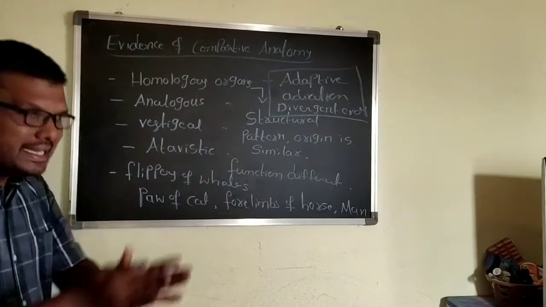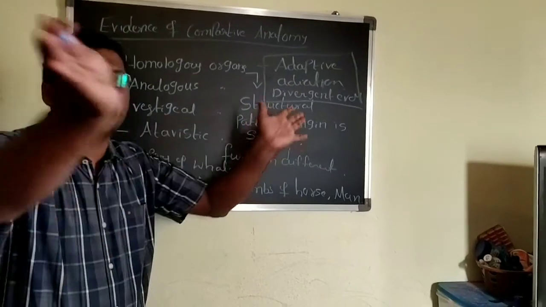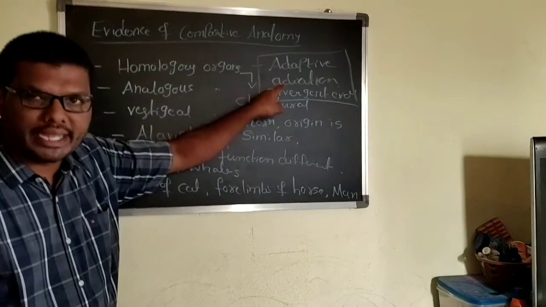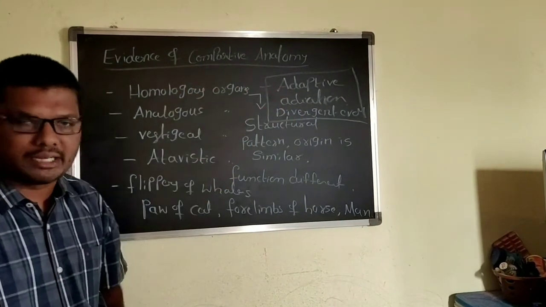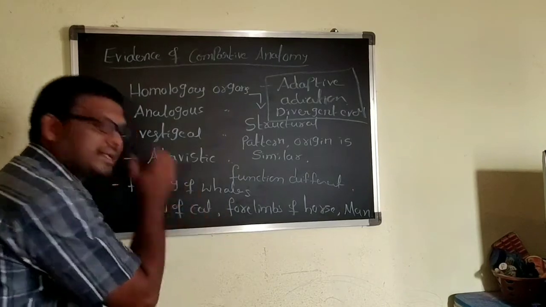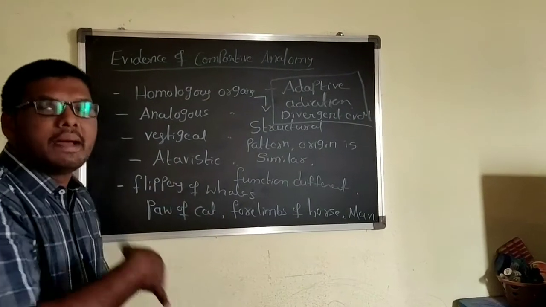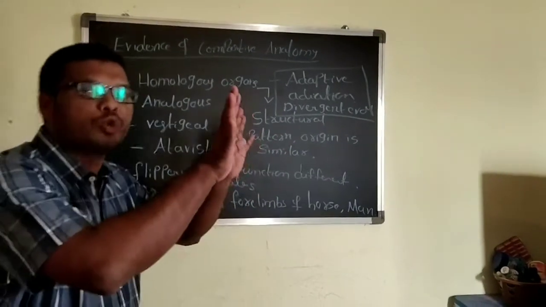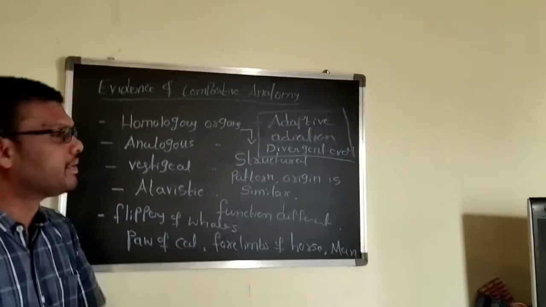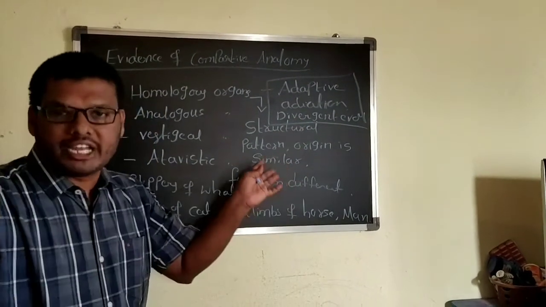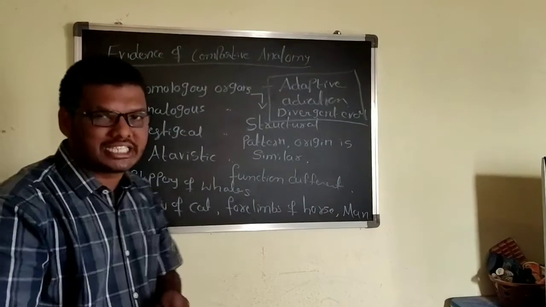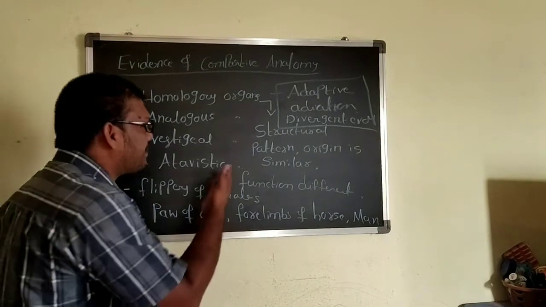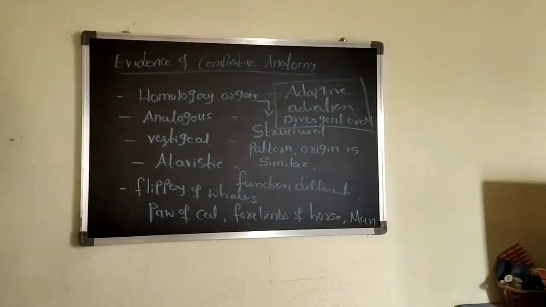Divergent evolution indicates different functions. Different organisms have the same organs, but the function is different because the organism adapts to the climatic conditions. Where a similar structure has different functions, that type of evolution is called divergent evolution.